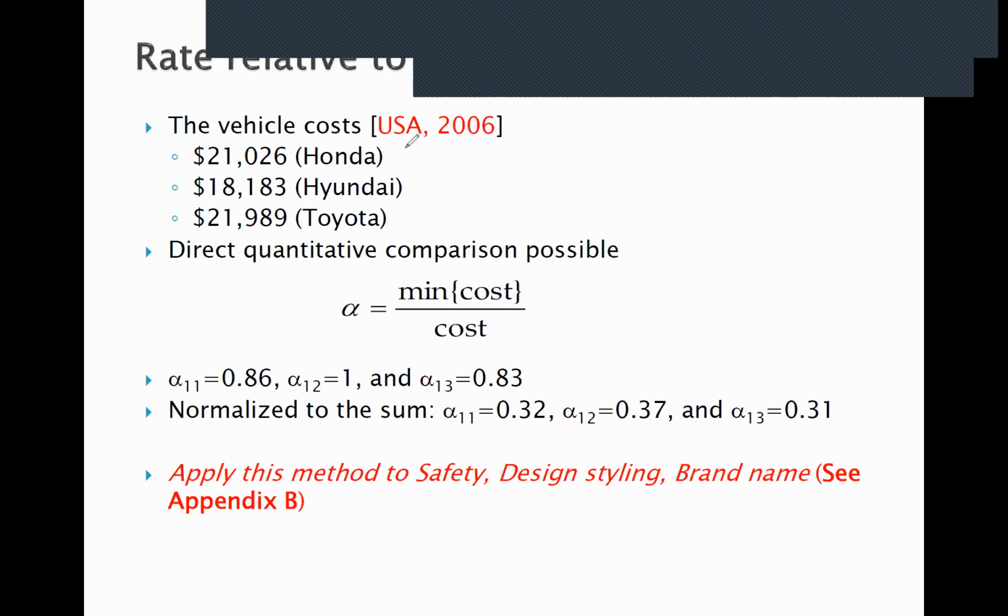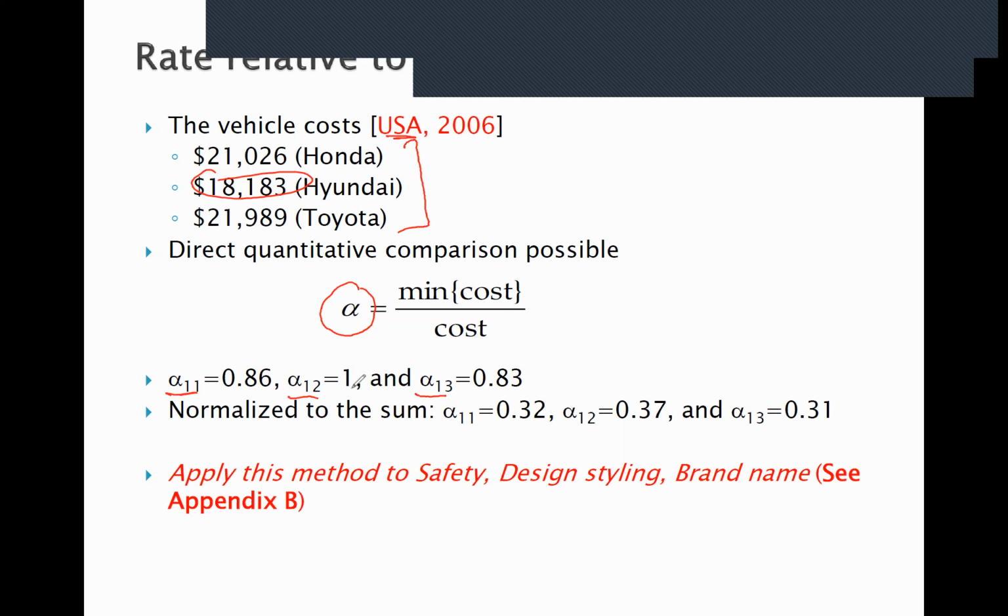These are the costs in the USA in 2006. And we can determine the ratings by simply dividing the minimum cost by the cost of each car, and we get the alpha values in here.